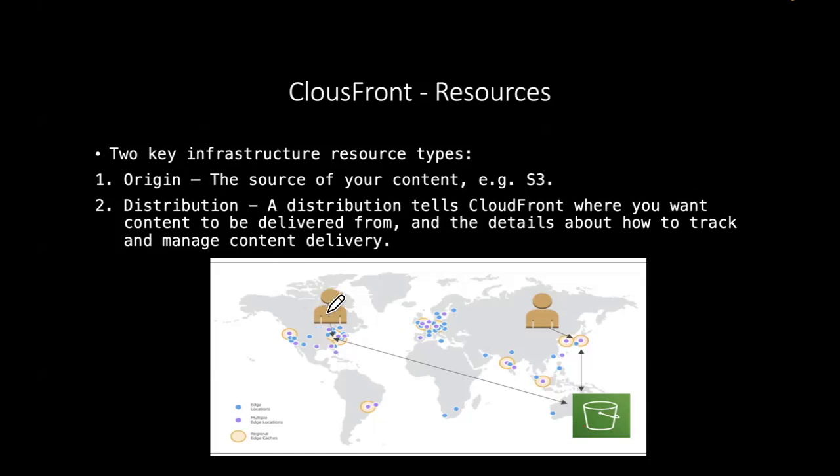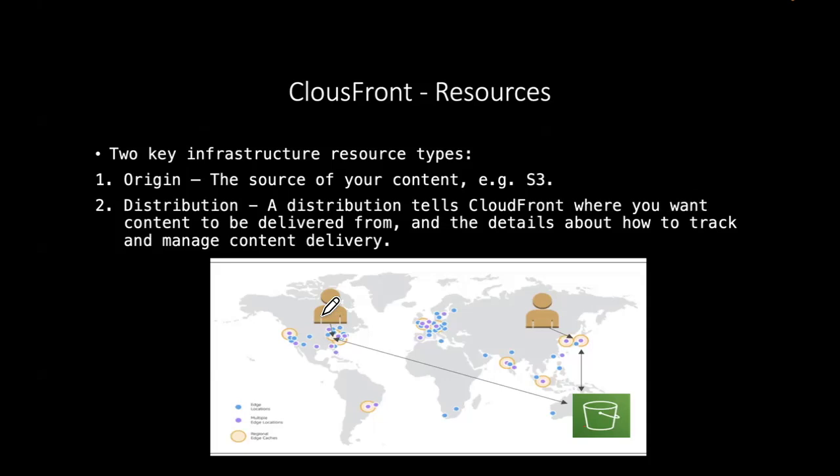So that URL, the first thing it will hit will be one of the edge location servers or POPs. Let's stick specifically with CloudFront. It'll get routed to the nearest CloudFront edge location server, and it will first check: does it have that content cached locally?